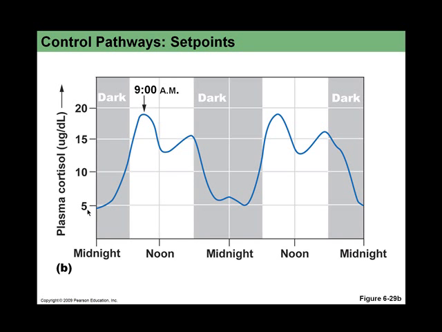So here we are seeing a range of plasma cortisol basically from roughly 5 to just below 20 micrograms per deciliter. So from midnight to 9 a.m. we see the range of the lowest to the highest value of plasma cortisol.